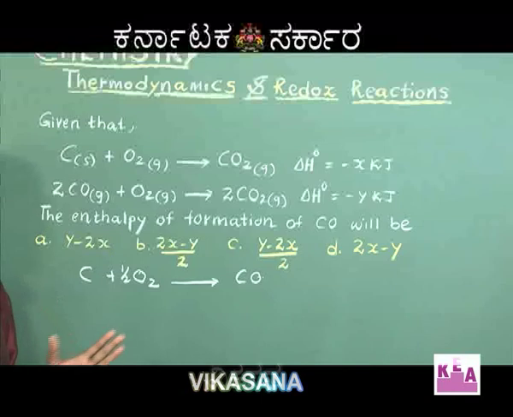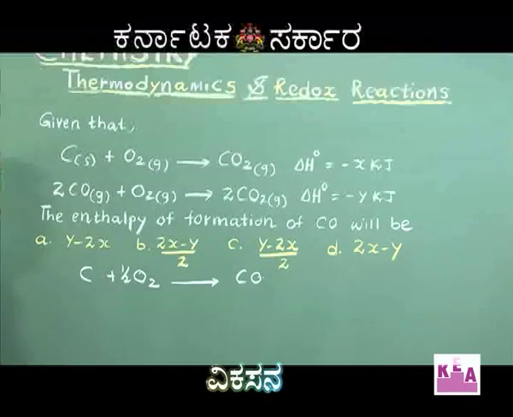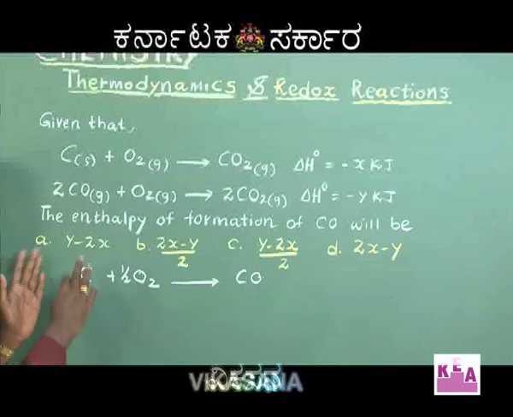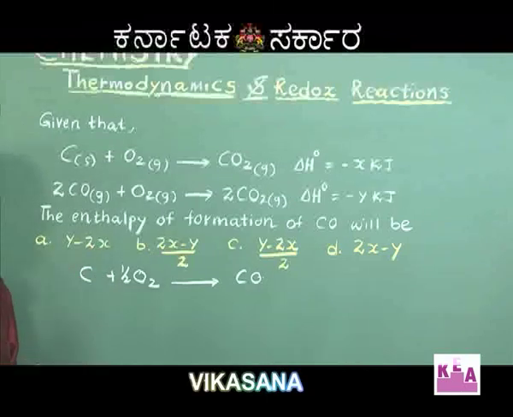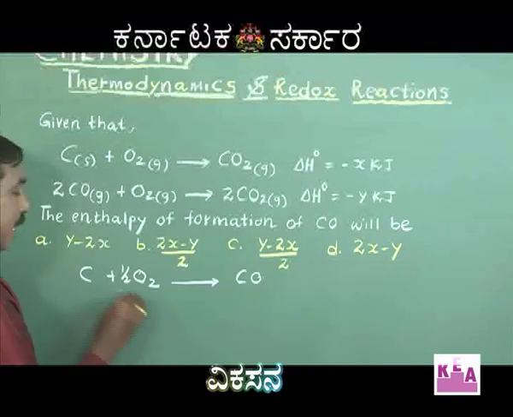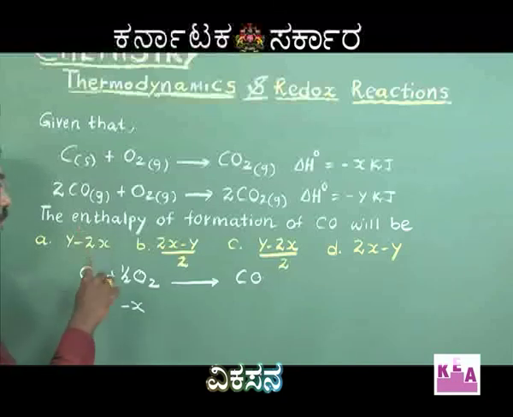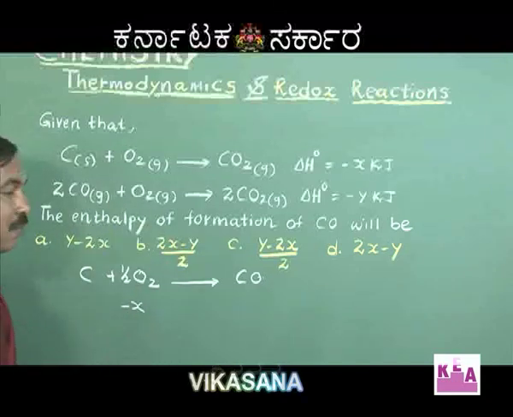So, the solution for this numerical is: retain equation 1 as it is, reverse equation 2 and divide it by 2. You have understood this concept in the theory classes.